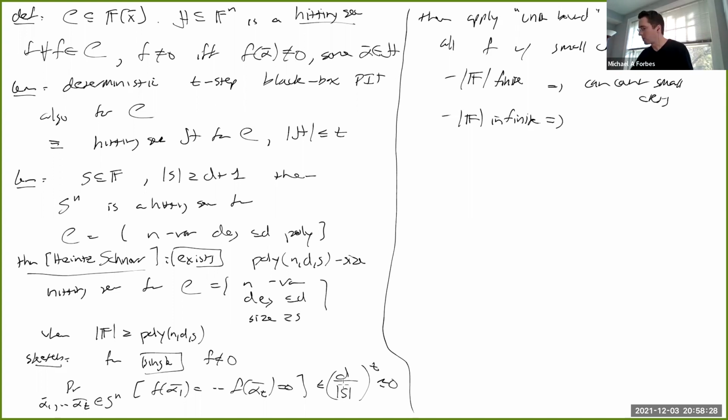Okay, and so what you have to use instead is that curly C, the set of polynomials in n variables, degree at most d, size at most s, is contained in a small dimensional variety.